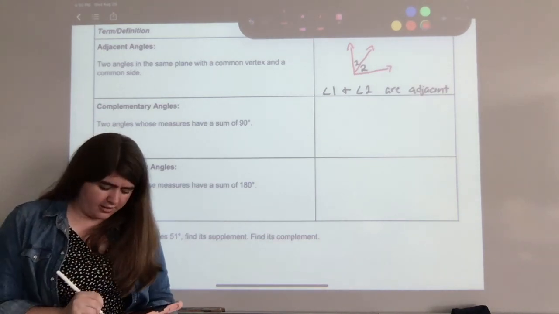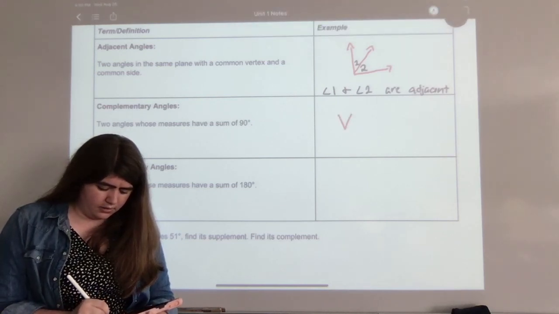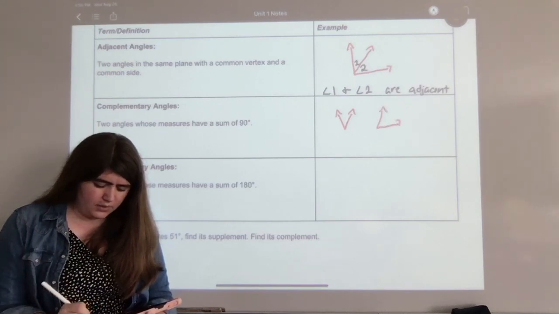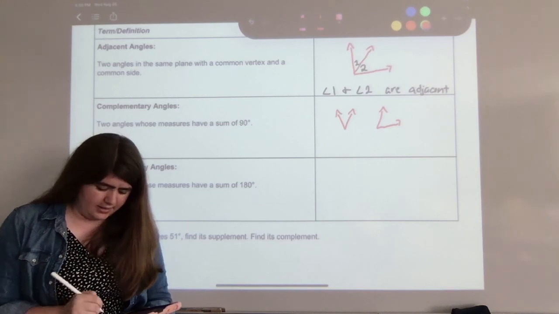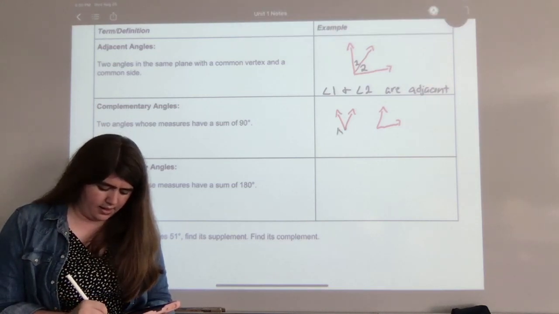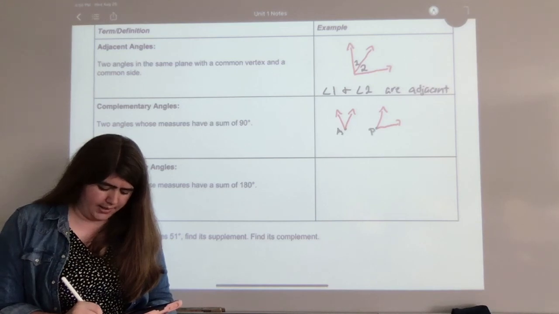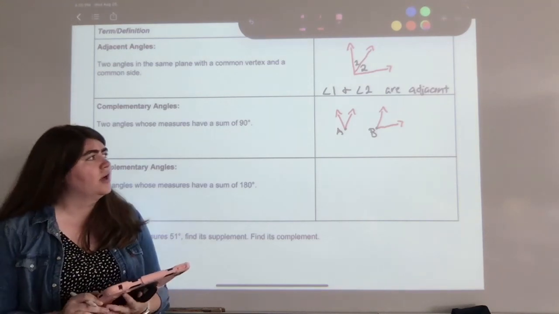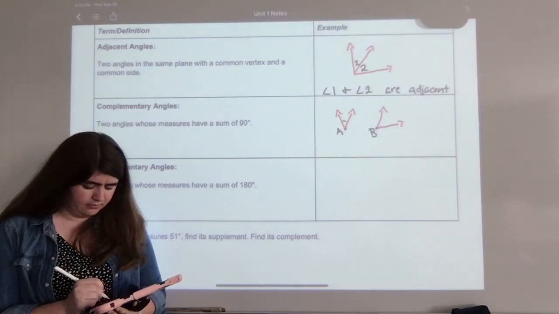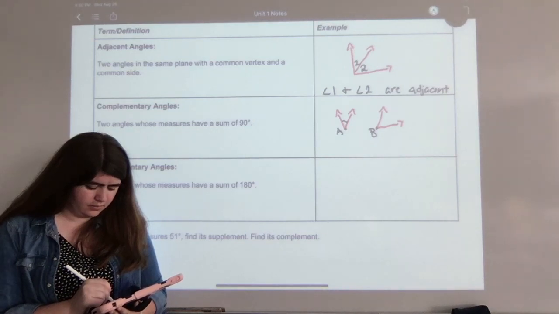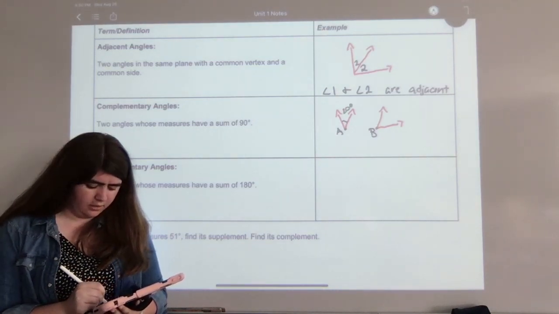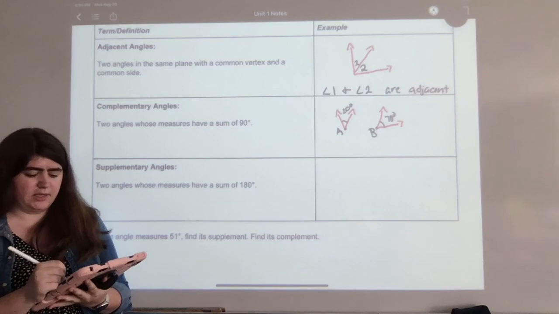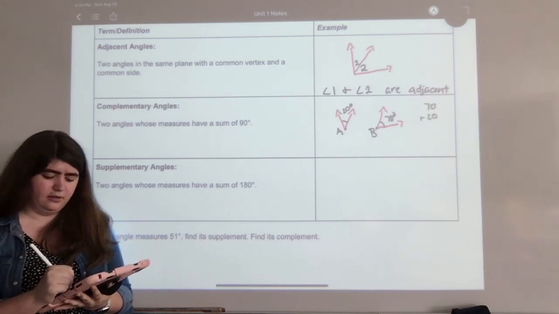If I were to draw this angle here and this angle here, and I were to tell you that this is angle A and this is angle B, and that angle A is equal to, let's say, 20 degrees, and angle B is equal to 70 degrees, then if I add them together, 70 plus 20 is equal to 90.